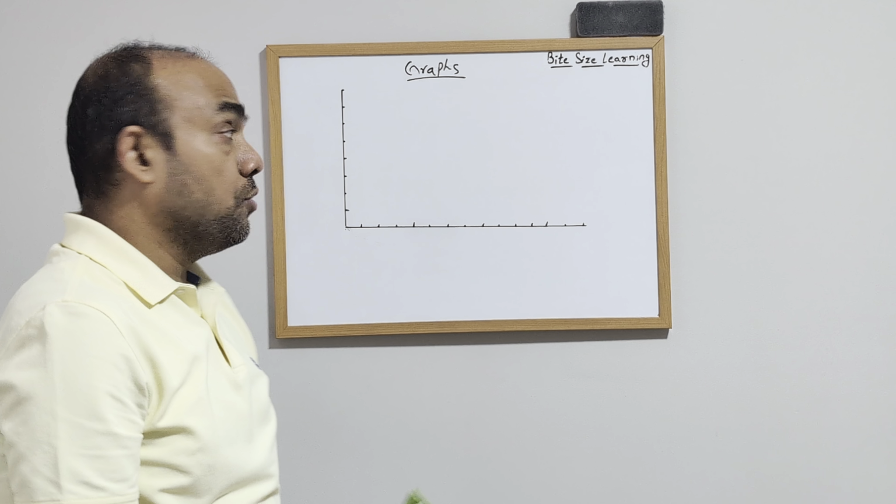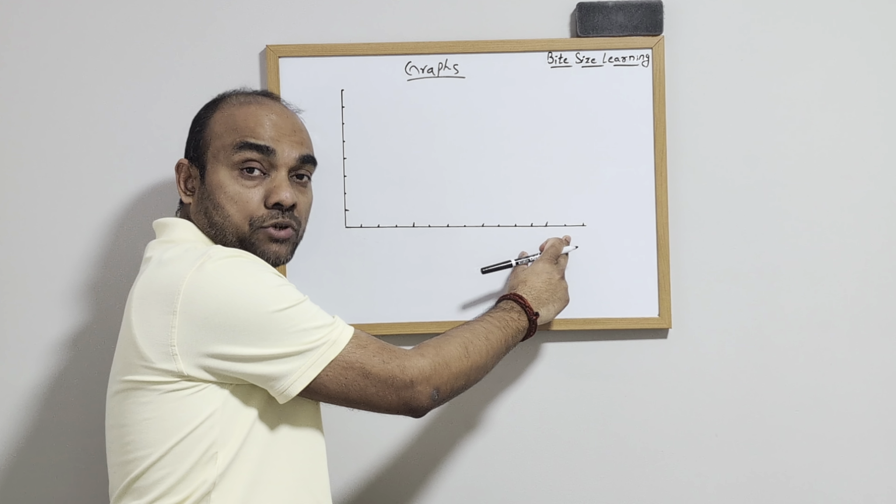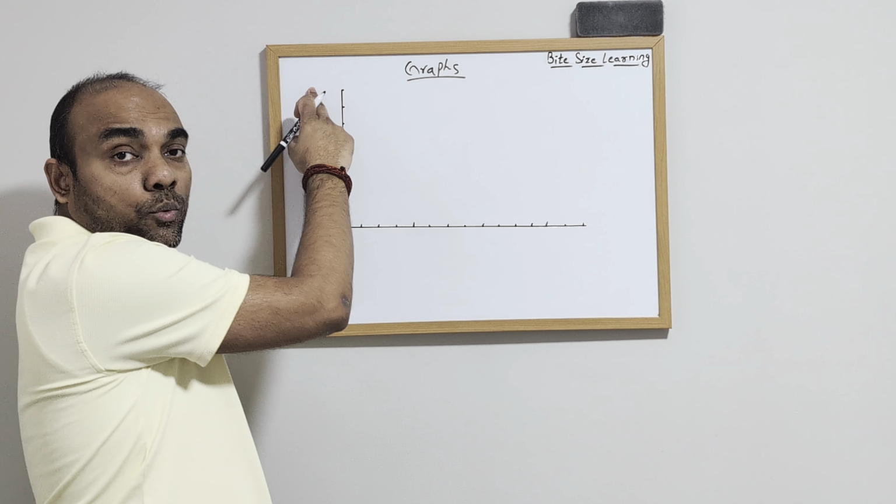So I have drawn two straight lines. This is called the horizontal axis. This is called the vertical axis.